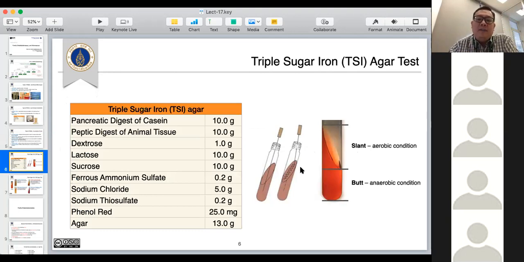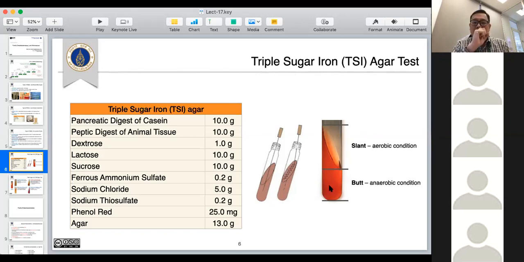When bacteria grow, you streak bacteria on the slant, so they are exposed directly to oxygen. In this area, bacteria use aerobic conditions for growth. And you also need to stab bacteria into the agar butt.